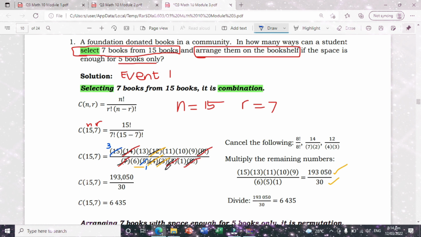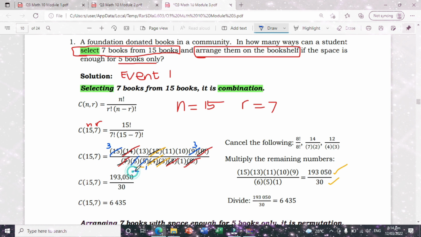Ano pa yung pwede? 6 at saka 9, pwede yan i-cancel. 9 at saka 6 can be divided by 3. 9 divided by 3 is 3, while 6 divided by 3 is 2. Yung 9 naging 3, while 6 naging 2.